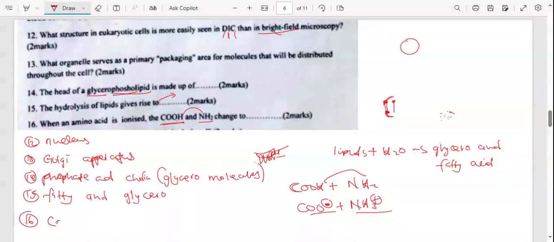The carboxyl group will be this, and the amino group will get a positive charge, while here it's a negative charge. That's what will happen once we ionize the amino acid. The amino acid is just a combination of these two, and those are the linkages for amino acid.